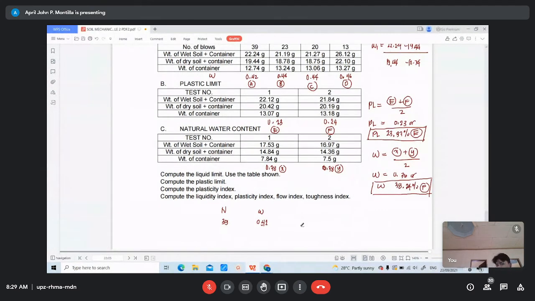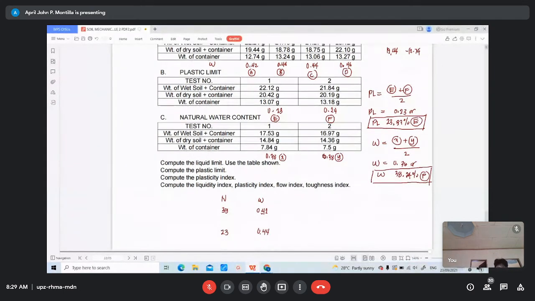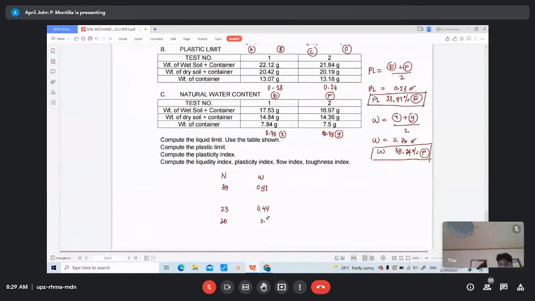And then, dito si 23, 0.44. And then 20.44, 13.46. So yung 25 nasa pagitan ng 23 at saka 39.